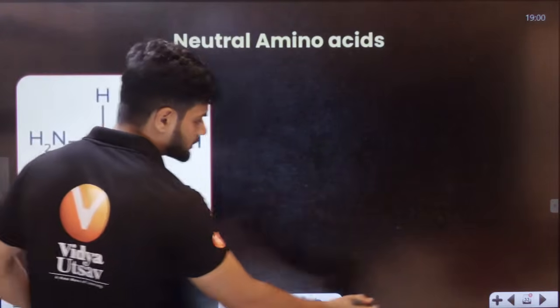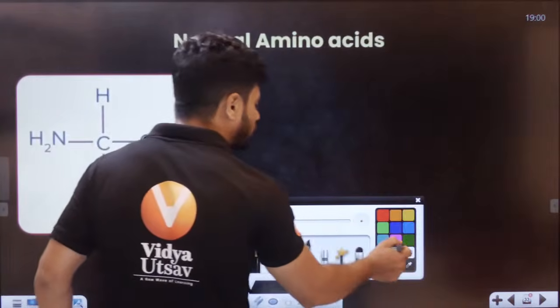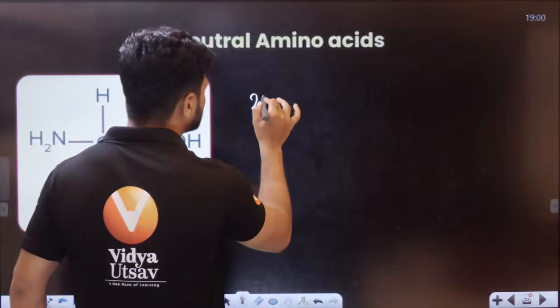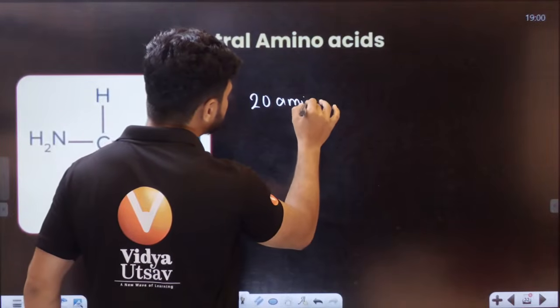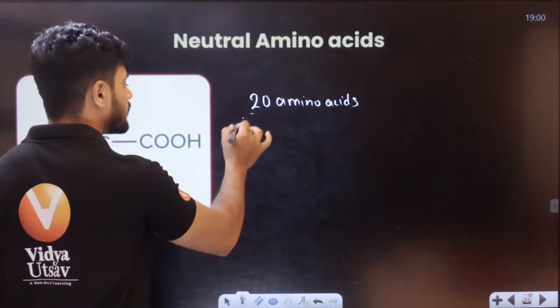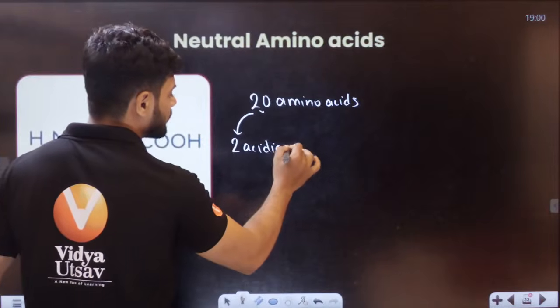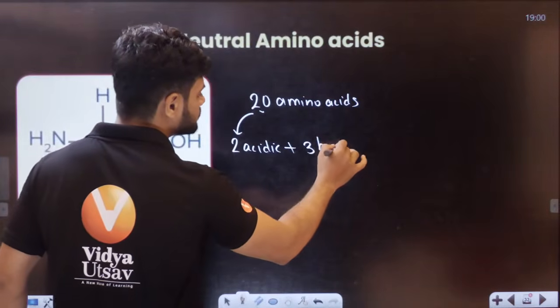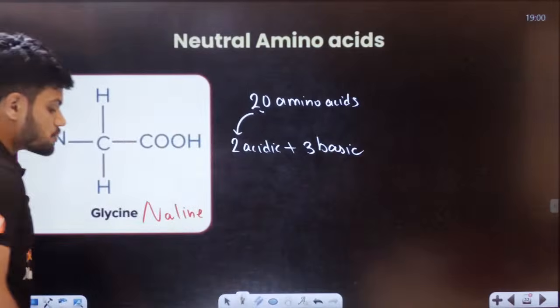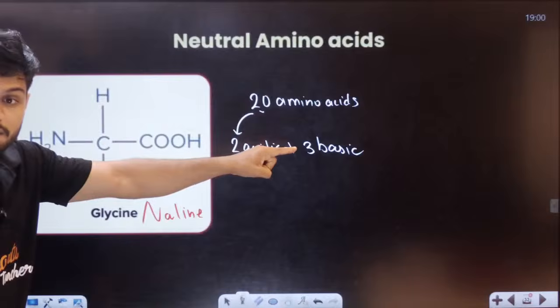As a matter of fact, I do have an extra slide for it. Out of the 20 amino acids, 2 are acidic plus 3 are basic. So students, tell me in the chat, if 2 are acidic and 3 are basic, how many are left?